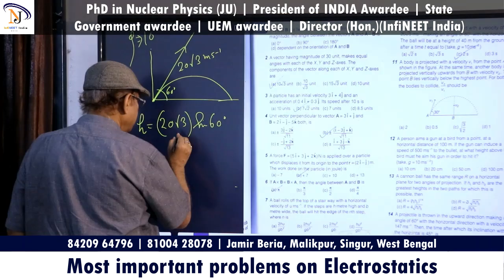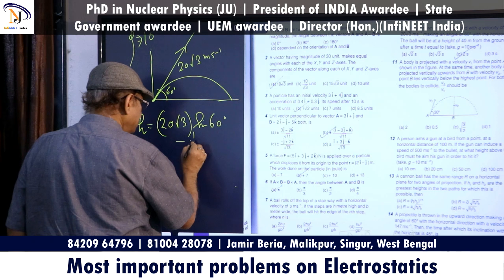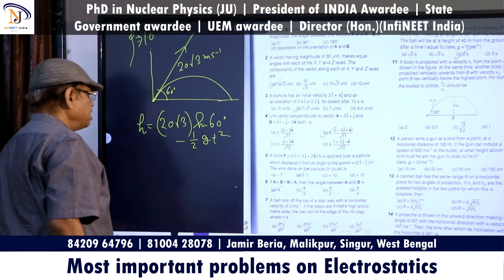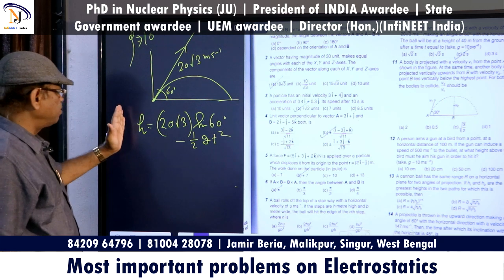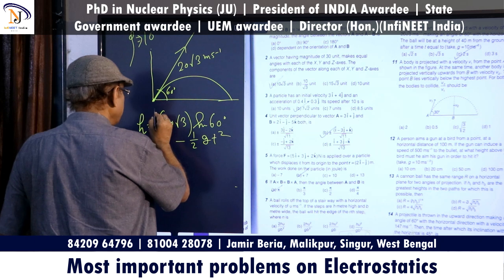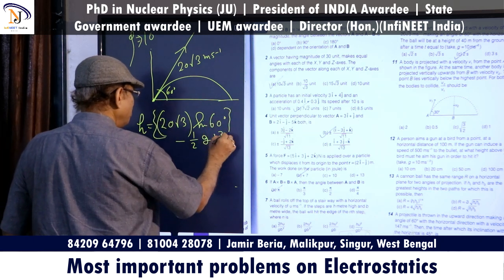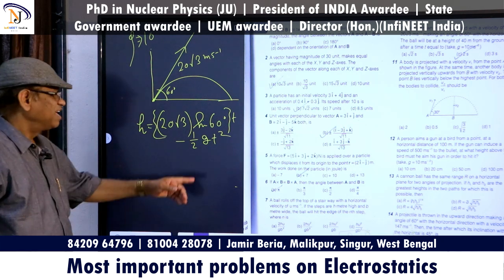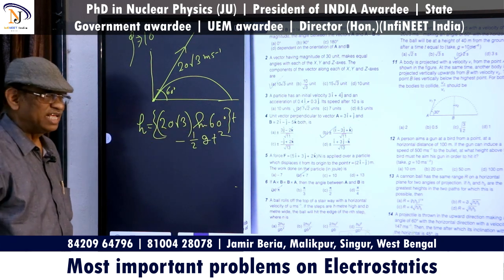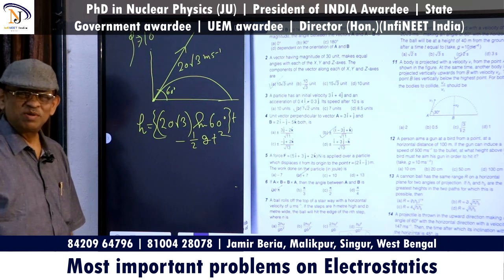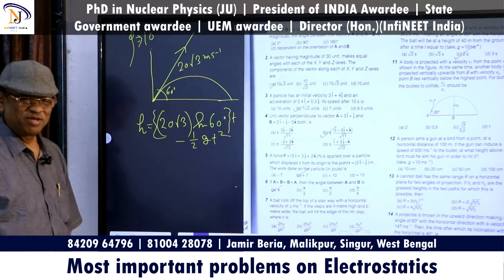U sin alpha T minus half G into T square, na? What is the word? U sin theta into T, sorry. This is also T, okay. Here also T, na? H equals to UT minus half G T square, na?